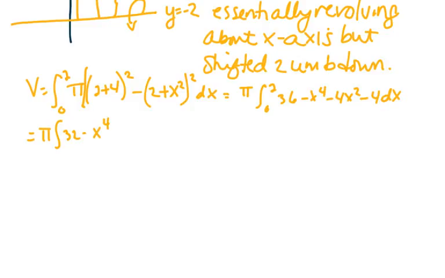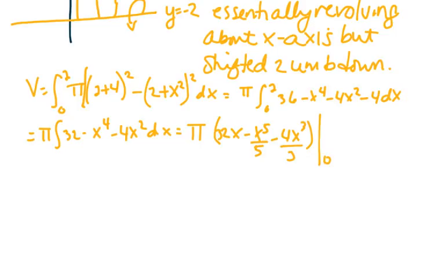This is x to the fourth minus 4x squared dx. Taking the antiderivative, you're left with 32x minus x to the fifth over 5 minus 4x cubed over 3. And you want to evaluate that between 0 and 2.